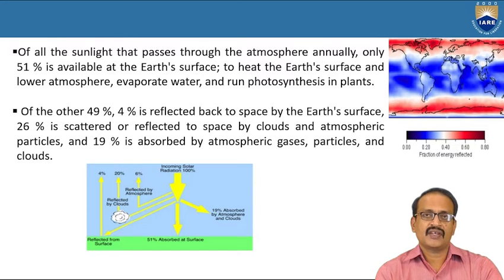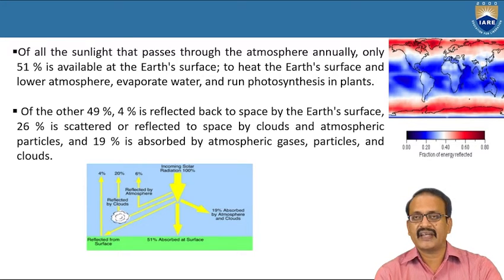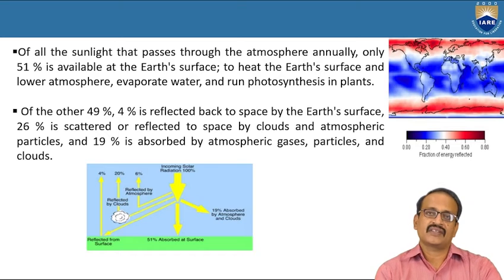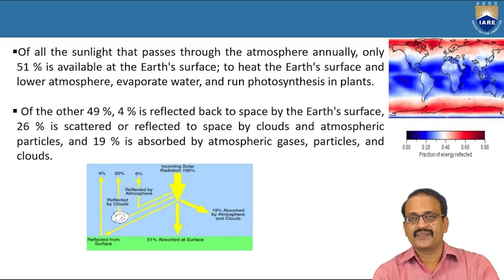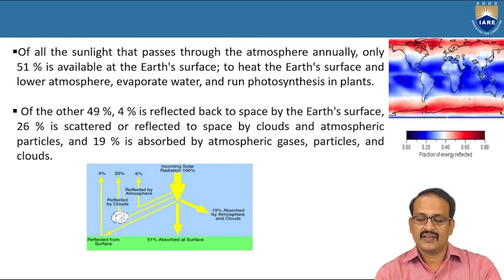So again in this 49%, 4% is reflected back to the earth's surface, and 26% is scattered, and 19% is absorbed by the atmospheric gases.